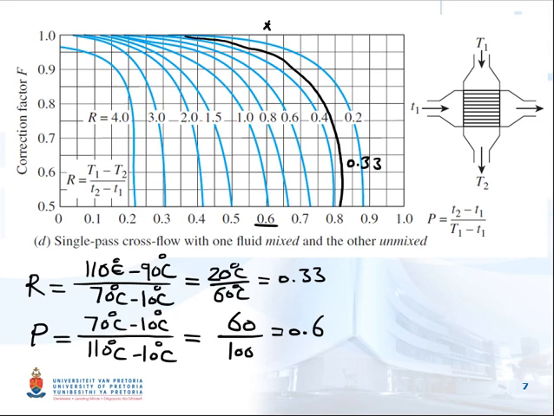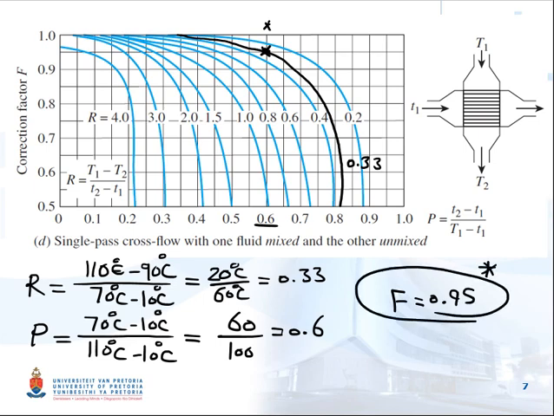Okay, so 0.6, basically that's our point. The point where the line P equal 0.6 will cut the curve R equal to 0.33. So this value, correction factor, is going to be 0.95.